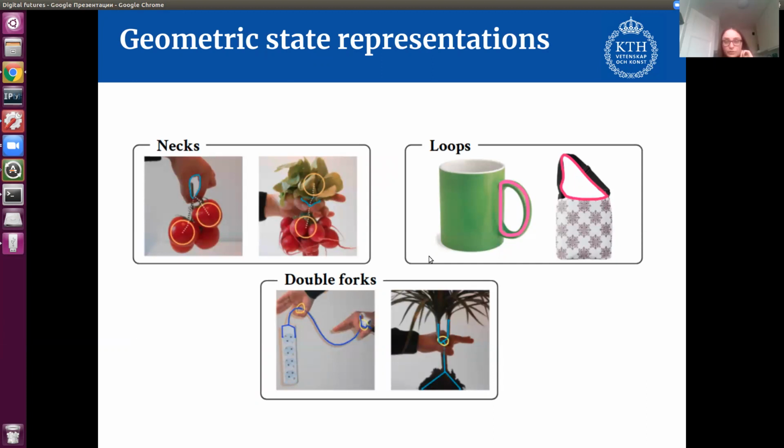Similarly, we can talk about loops or holes in objects that allow us to perform certain classes of manipulation tasks with them. We can grasp objects using these holes, or put them on a hook, or if it's a clothes-like object, we can maybe dress a mannequin or a human and put the shirt around the neck and the head of the mannequin, for example.